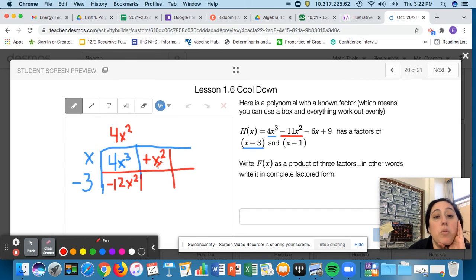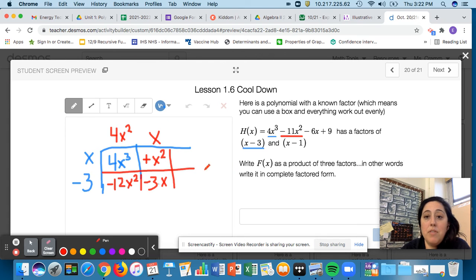So now x times x would give me x squared, and x times negative 3 would give me negative 3x.